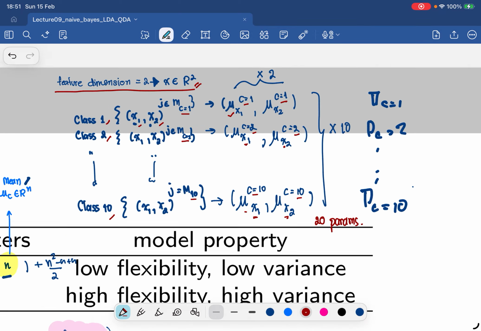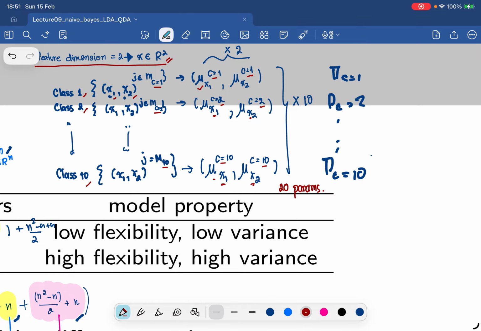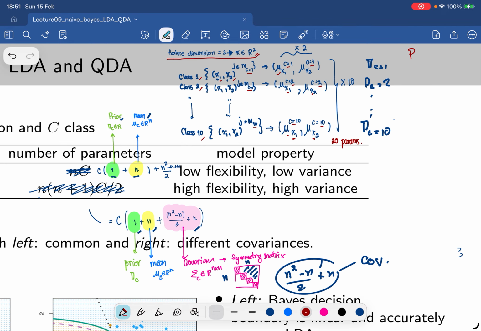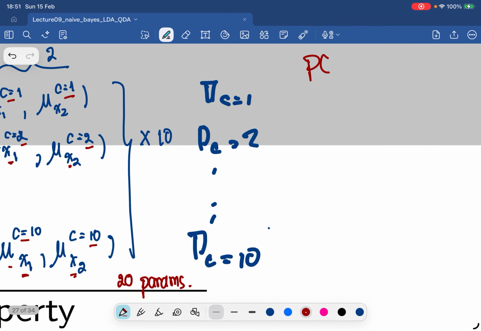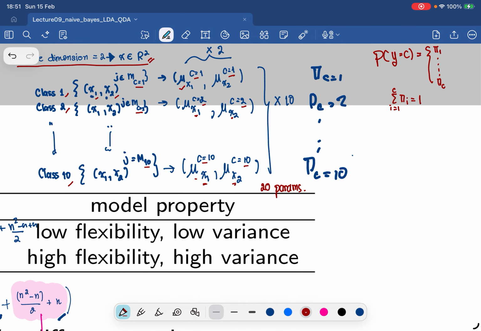right, model parameters. And what if we would assign the prior probability of y equals c, like Bernoulli, where you have maybe pi 1 up until pi c, and the sum of pi 1 to c is equal to 1? If you were to assign the prior like this, then that means there are an additional 1, 2, up until 10.